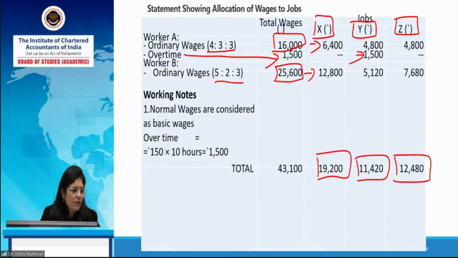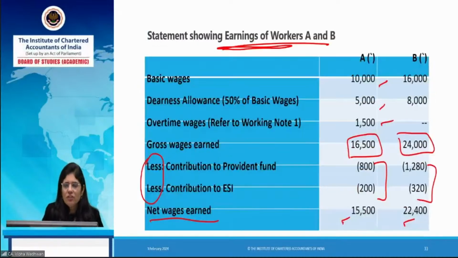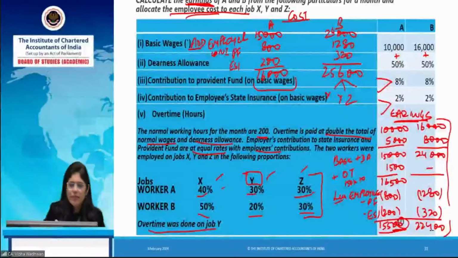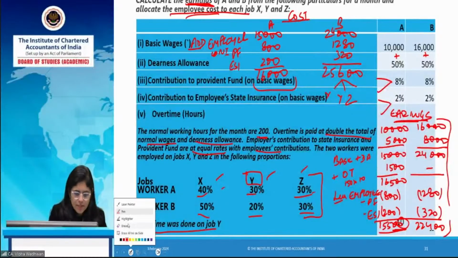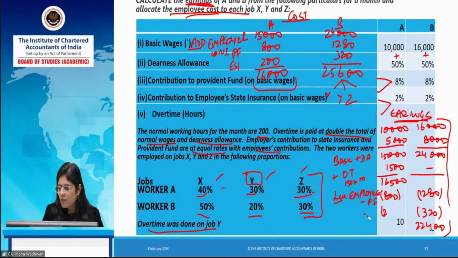So this is the concept of direct cost and indirect cost. So we are allocating the direct cost. Why add to Y for overtime? Because it's mentioned in the question that Y has worked overtime. I think it's hidden. That's why you were not able to see. It was mentioned in the question.